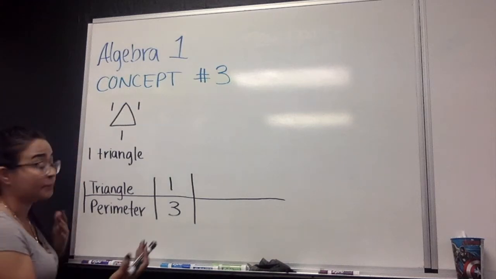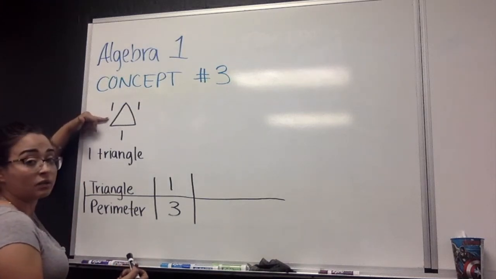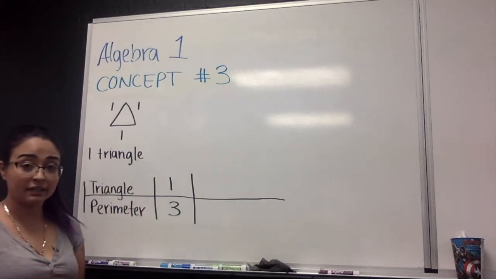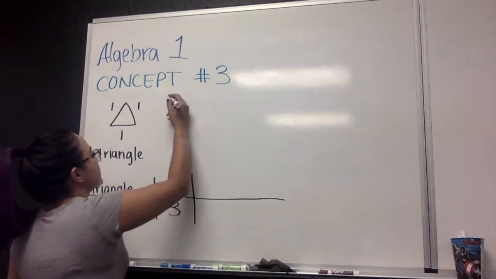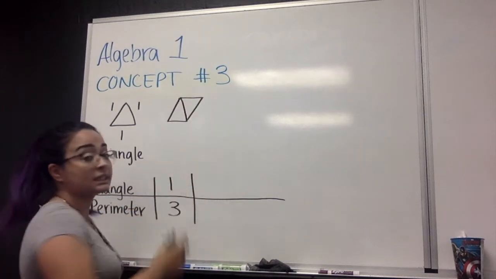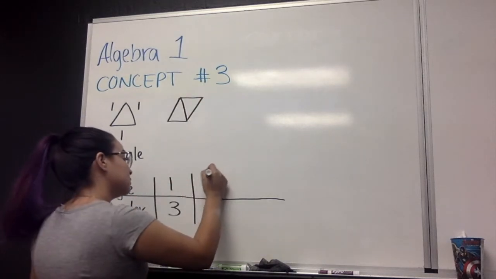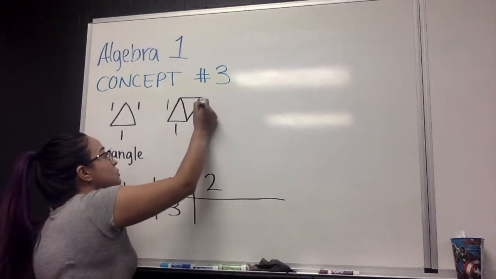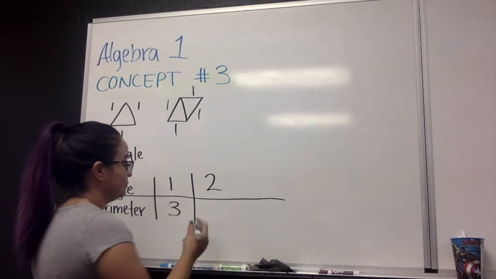For example, here we have one triangle that gives us a perimeter of 3. Now let's say we have two triangles. Because now we have two triangles, our perimeter is 1, 2, 3, 4.